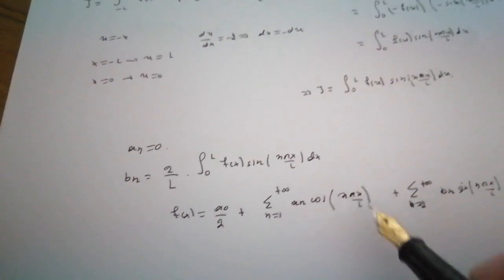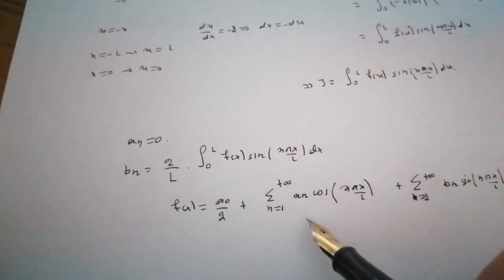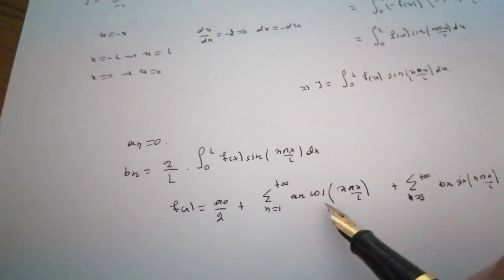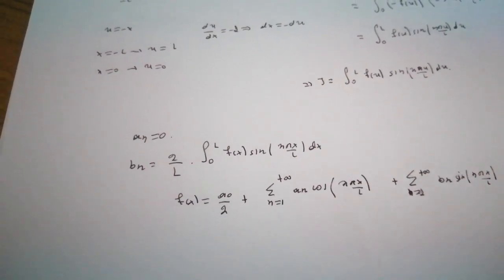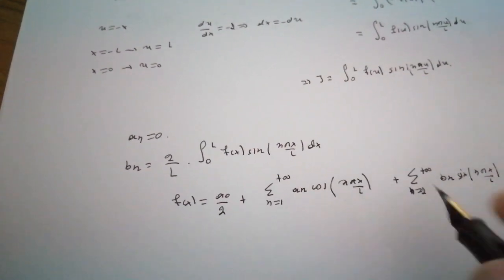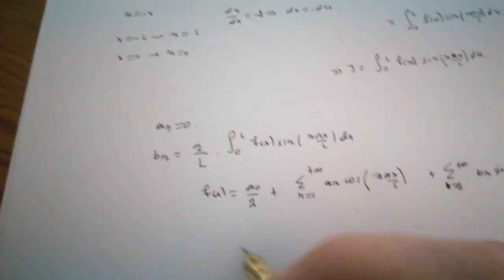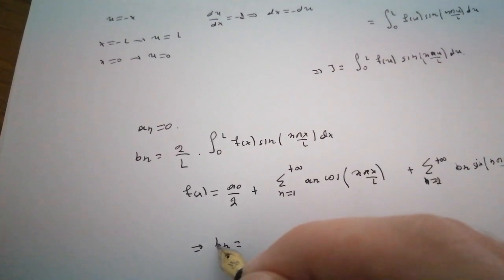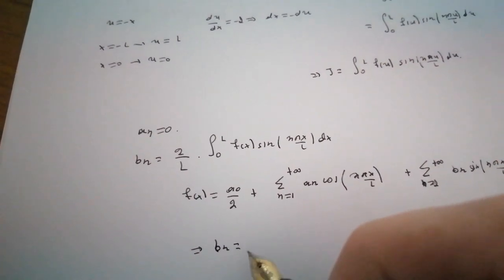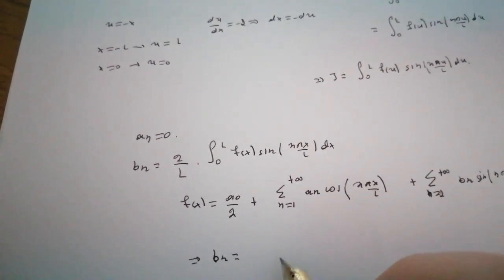And of course, the coefficients an are 0, so these summation terms vanish, and we obtain only the sine terms.